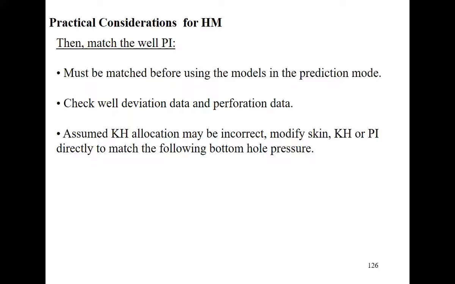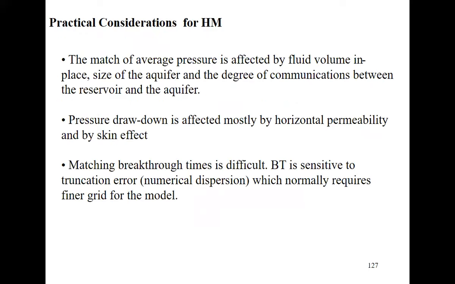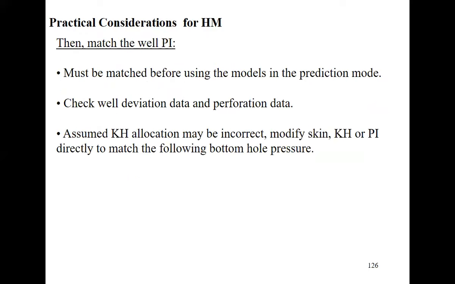So we have to make modifications based on our understanding of the reservoir and our results from other sources that we have. For example, you can determine your PI, your KH, your skin from well test. So for this, you make changes to match your parameters.